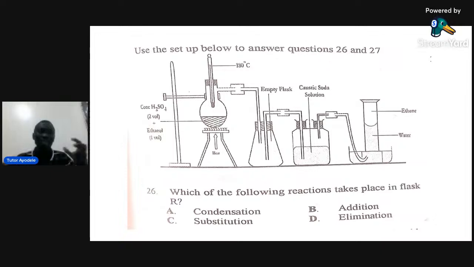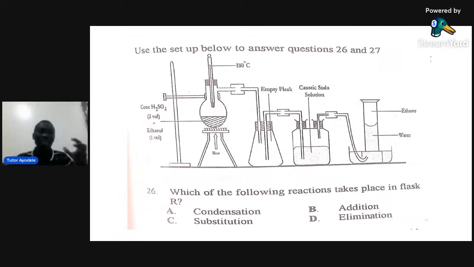Now we have C2H5OH. We want to get C2H4 from it, because that is the formula of ethene. What will you do? First of all, remove that OH at the back. When you remove the OH from ethanol, you'll be left with C2H5.